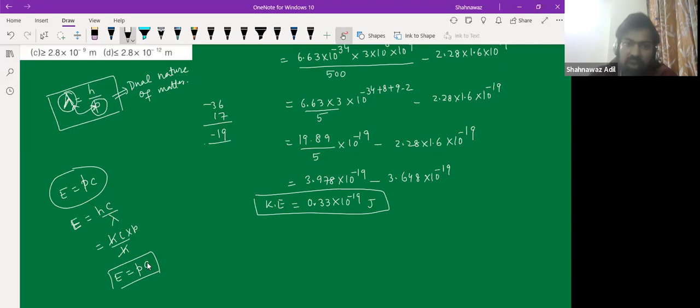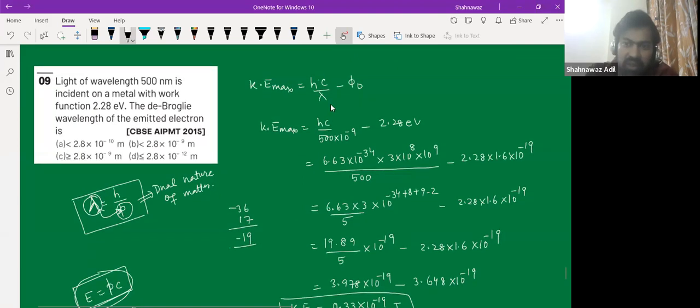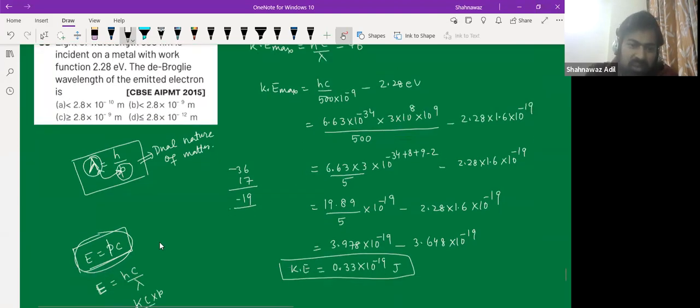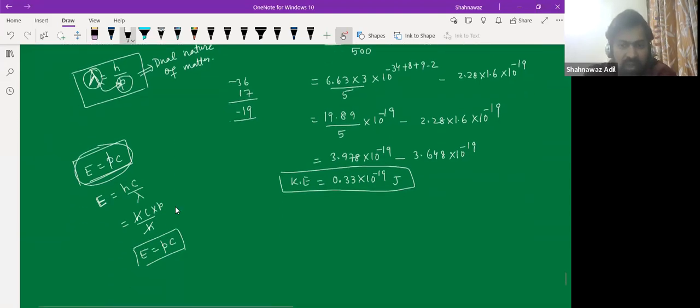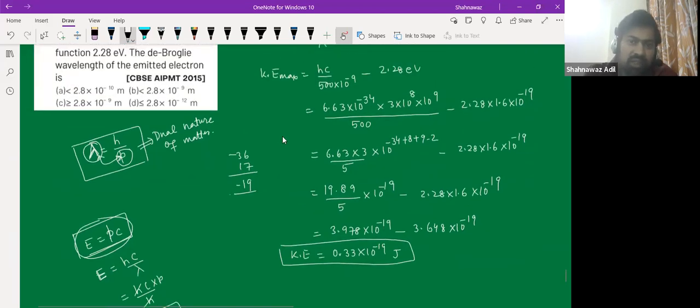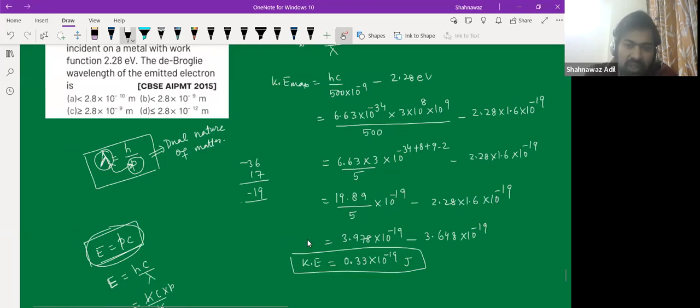But for matter, for electrons, we have to relate it with kinetic energy. So hc by lambda or E equal to pc is for the photons, not for electrons and other things. We can relate the wavelength of the electron using the kinetic energy.